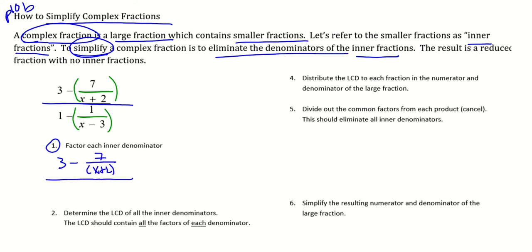That doesn't factor anymore, but if that were, say, x squared minus 4, I would factor it to x plus 2 times x minus 2. And then on the bottom I have 1 over x minus 3, which again is prime. So my inner denominators, x plus 2 and x minus 3, are both factored.